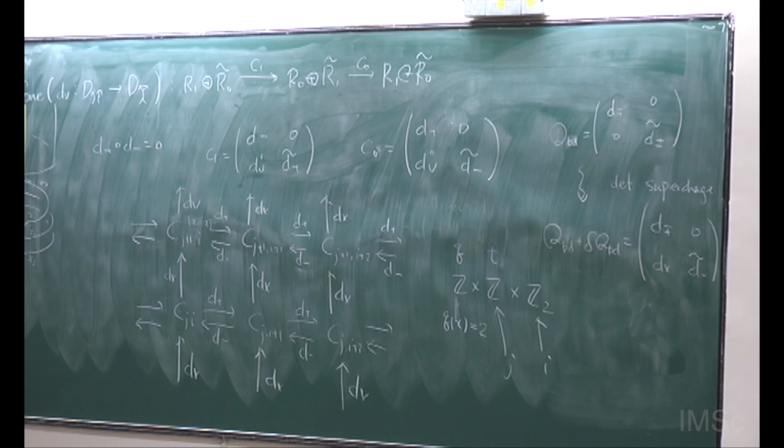So what I mean is as follows. C_{J,I} is some ring, C[x1, ..., xn], some variables, divided by some relation.